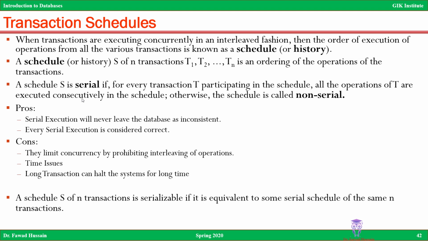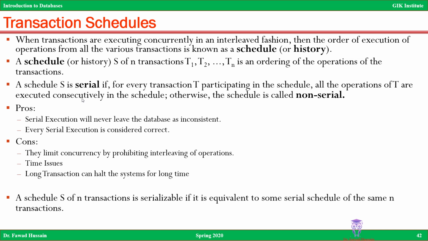A schedule S of n transactions T1 through Tn: if there are n transactions, the first transaction is T1, and then T2, and then T3, and so on up to n, is an ordering of the operations of these transactions. So the way in which the transactions will happen, which read is coming first, which write is coming later, is called the schedule S of those transactions.